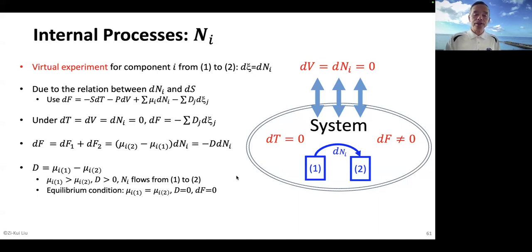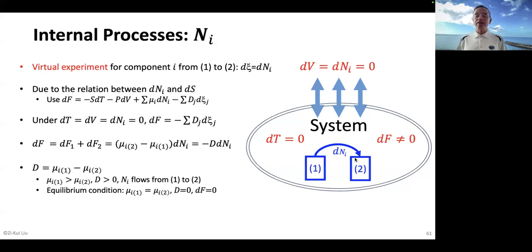So now we see that if the chemical potential at region 1 is higher than at region 2, there's a driving force for component i to move from region 1 to region 2, so you're going to have mass transfer. If the two regions have the same chemical potential for that component, there'll be no driving force, and the system is at equilibrium.